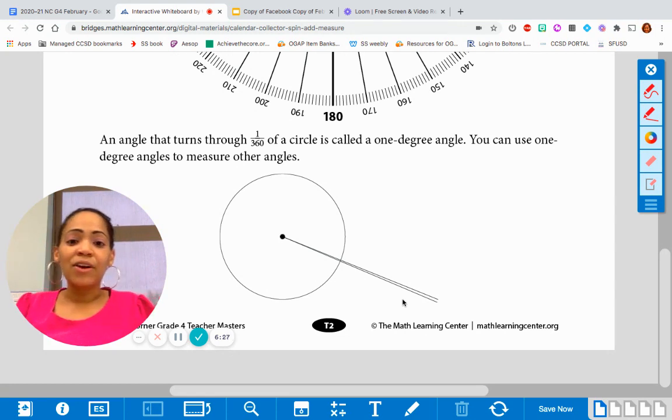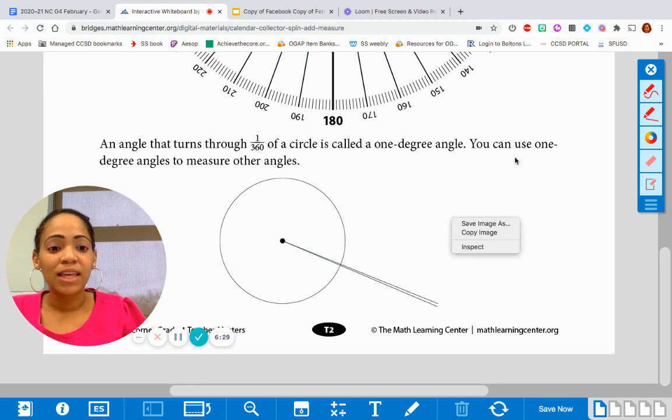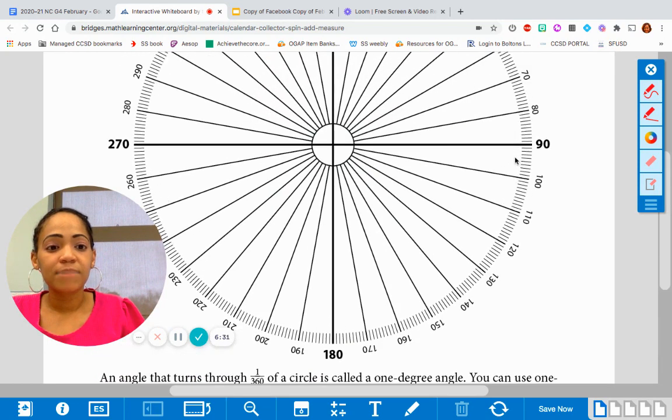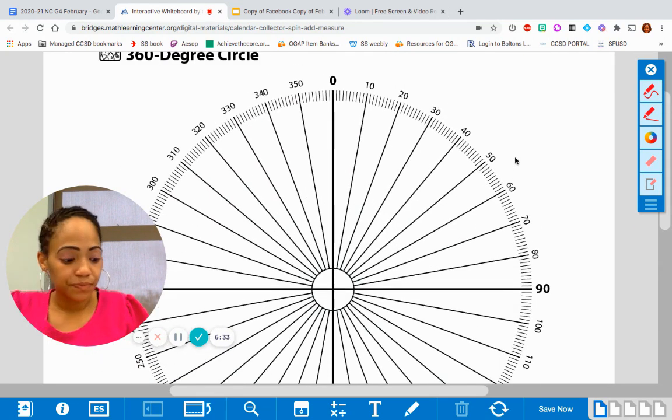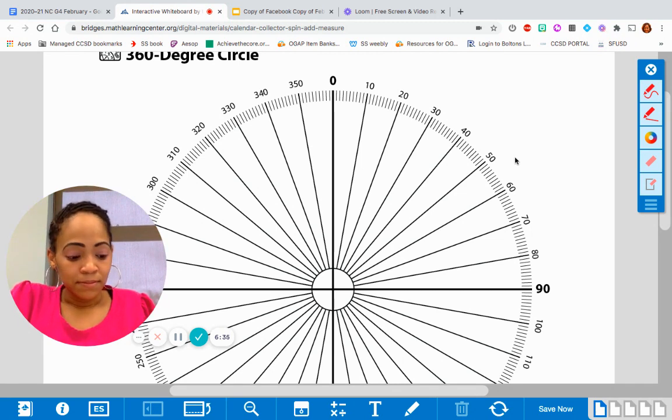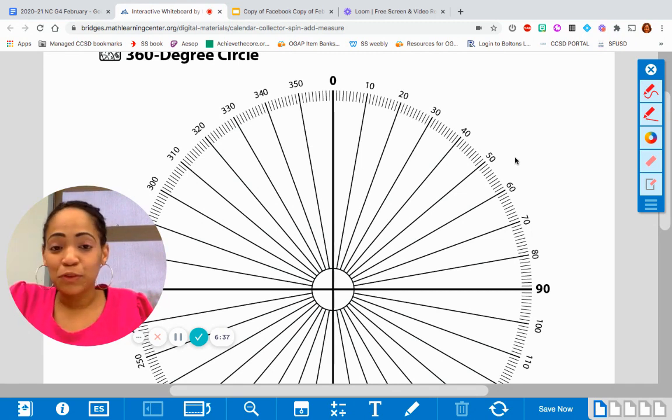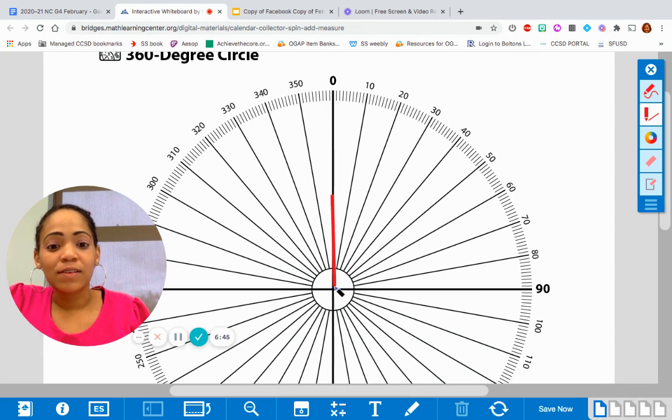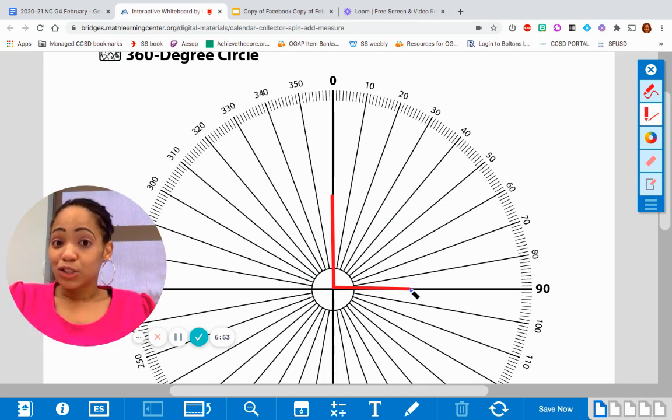Okay, any other observations about this circle? Anything else familiar? What about 90 degrees? I know you guys know 90 degrees because we talk about 90-degree angles when we're talking about squares, rectangles, or even right triangles.